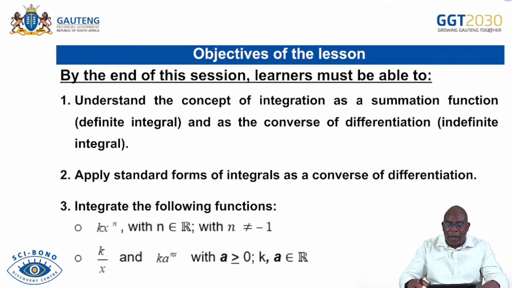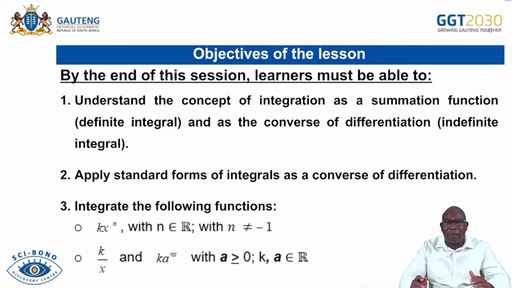All right. The objective of this lesson is, at the end of this lesson, you must be able, as learners, to understand the concept of integration as a summation. So in other words, we're adding bits and pieces here, which, for instance, will be the definite integral, and as the converse of differentiation.